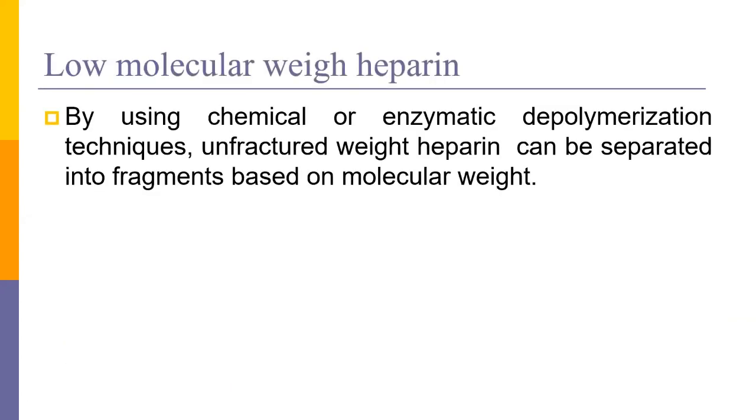So after discussing the unfractionated heparin, knowing how 1/3 binds and where the 2/3 go, the good news is that using chemical and enzymatic depolymerization techniques, unfractionated heparin can be separated into fragments based on molecular weight.